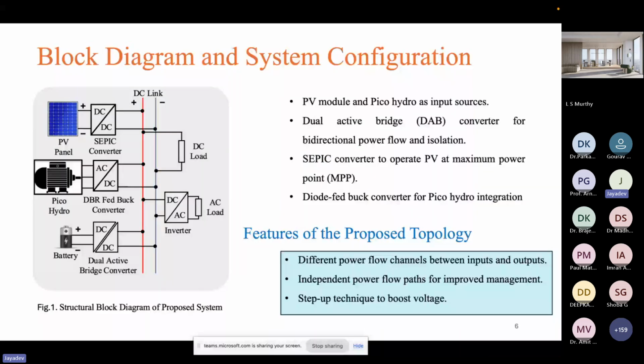I am showing the positive and negative terminal only, like the DC link or DC supply, so that the connection part will be clear. It doesn't mean a bipolar DC link. Okay. Got it. Thank you.